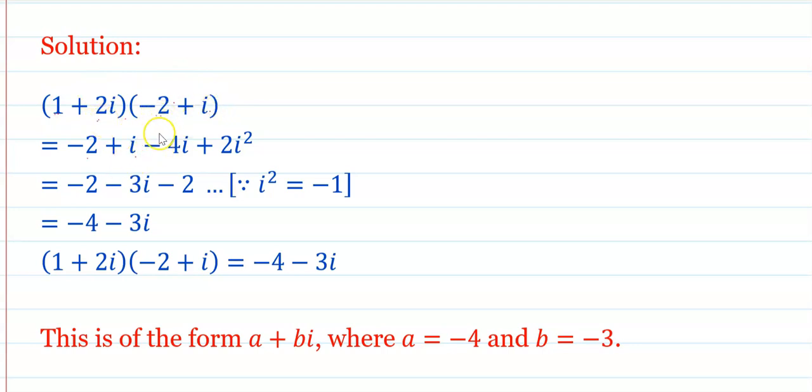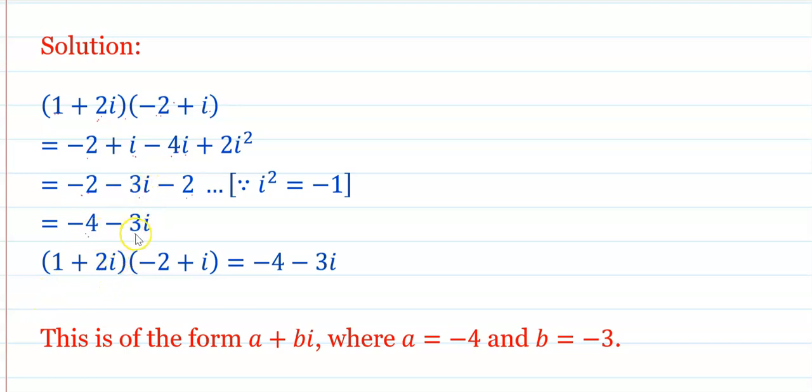1 into minus 2, 1 into plus i, here is i. 2i into minus 2, minus 4i. 2i into i, that is 2i square. Okay. Keep this minus 2 as it is. i minus 4i, you will get minus 3i. Again, i square means what? Minus 1. Minus 1 into 2, overall you are getting minus 2. Minus 2, here is a minus 2, minus 4. And again, minus 3i.